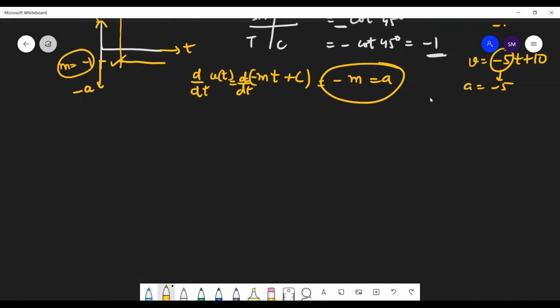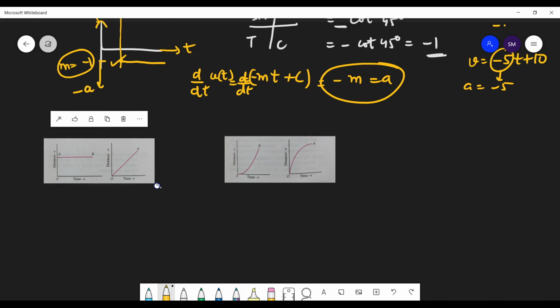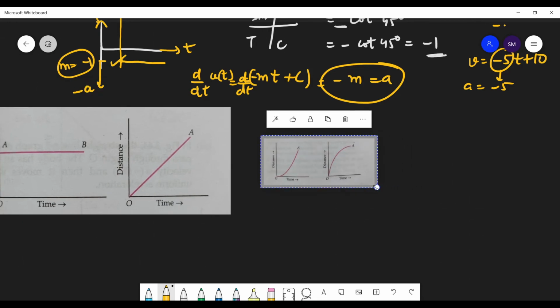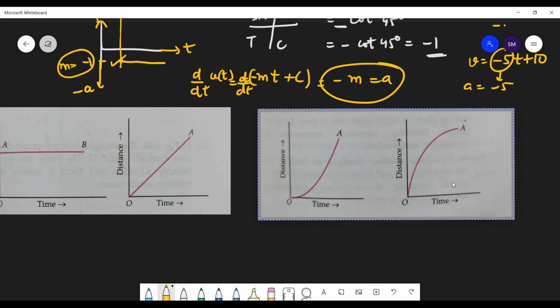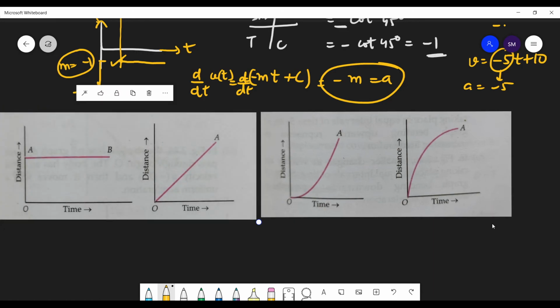So now you have done all the possible cases. So you will get only, in your syllabus, motion in a straight line.